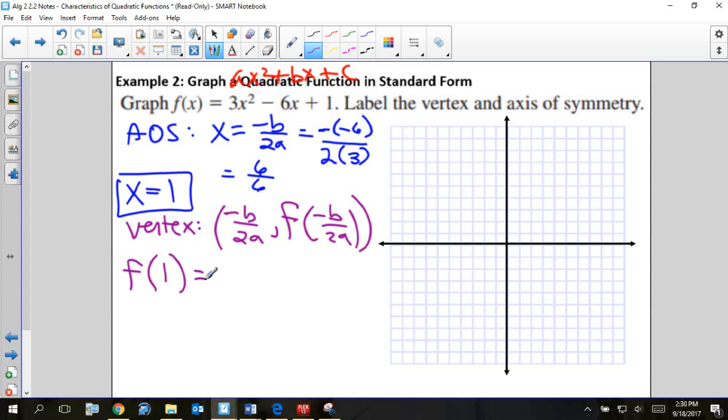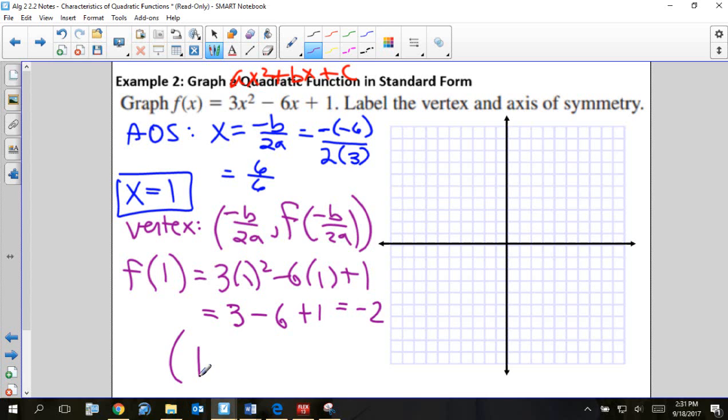In my original equation, wherever I see an x, replace it with a 1. So 3(1) squared minus 6(1) plus 1. And simplify. 3 times 1 minus 6 times 1 plus 1. Negative 2. So the vertex is (1, negative 2). The x we input and the y we got out. We put in 1, we got out negative 2.